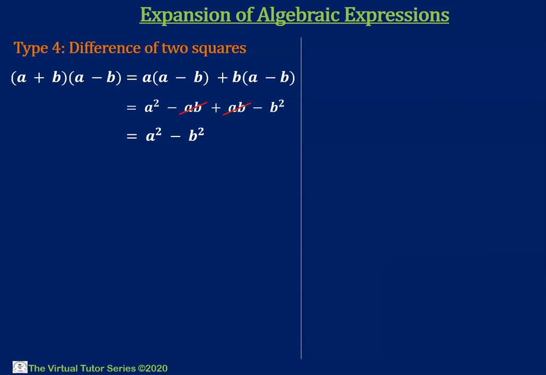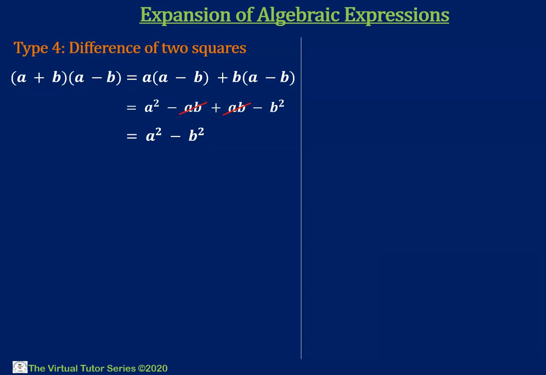Any expression of the form a square minus b square is known as the difference of two squares. The factorized form of a square minus b square is (a plus b) times (a minus b). Therefore, both expressions are difference of two squares.